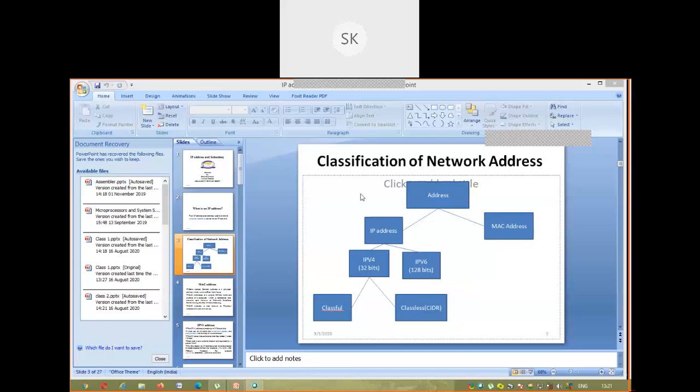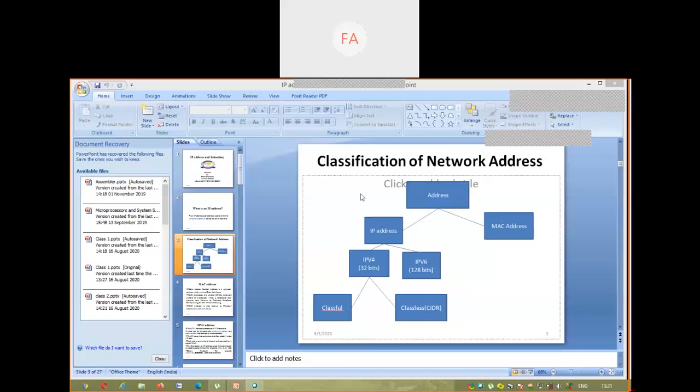Address are two types: IP address and MAC address. IP address can be categorized again into two types: IPv4, which is a 32-bit address, and IPv6, which is a 128-bit address. Is it clear? Yes, sir.